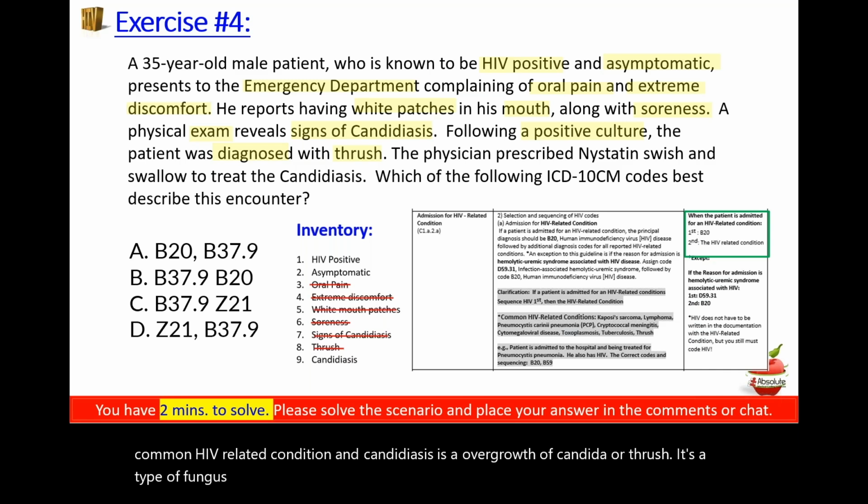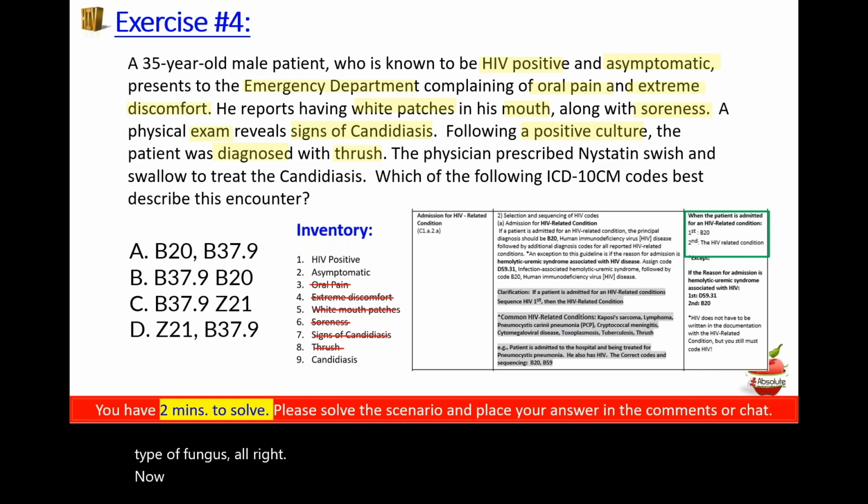All right. Now, coders, anytime you have HIV symptoms, you are no longer asymptomatic. I'm going to let that marinate. Anytime you have HIV symptoms, you are no longer asymptomatic.